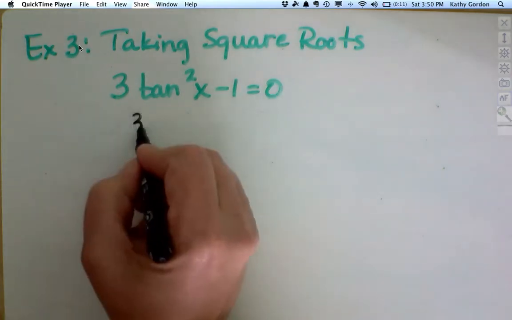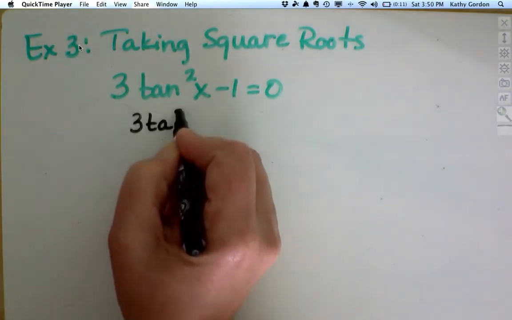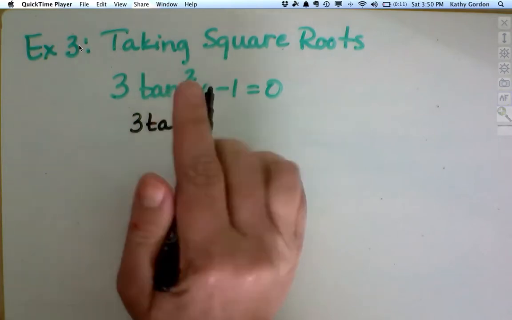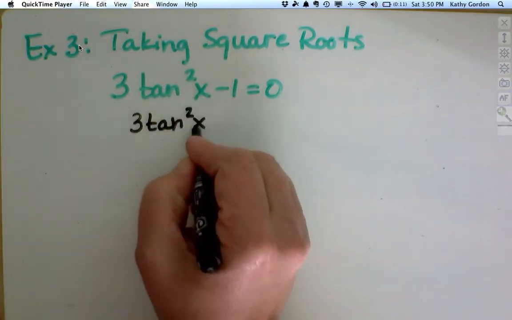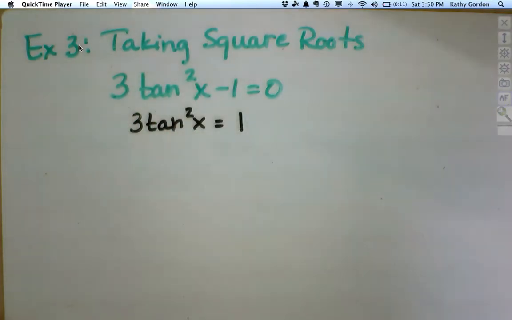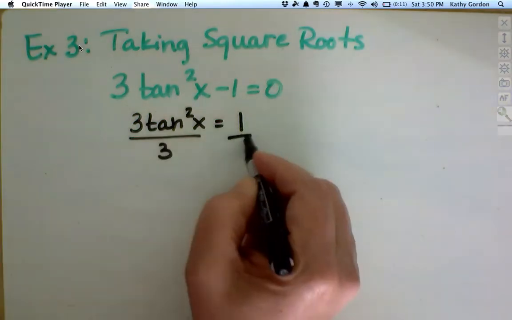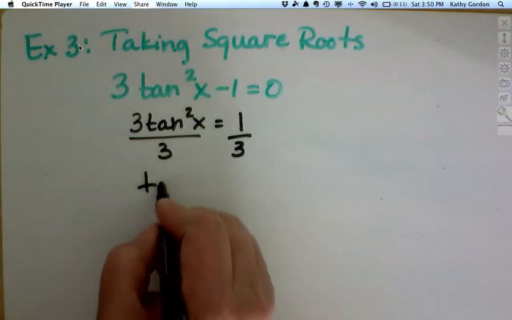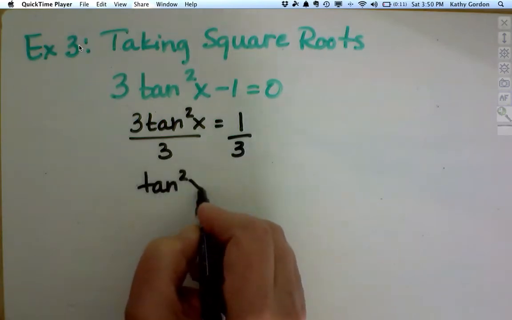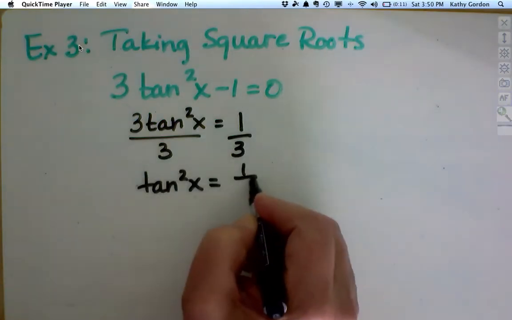So my first step is going to be to add the 1 to both sides. And then I'm going to divide both sides by 3. And I end up with the tangent squared of x equal to 1/3.